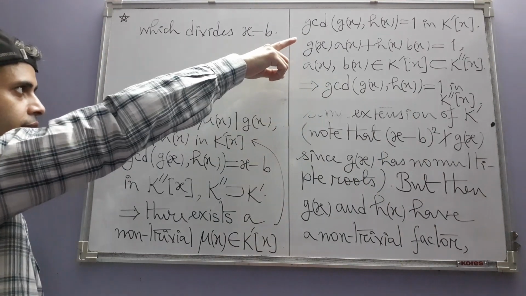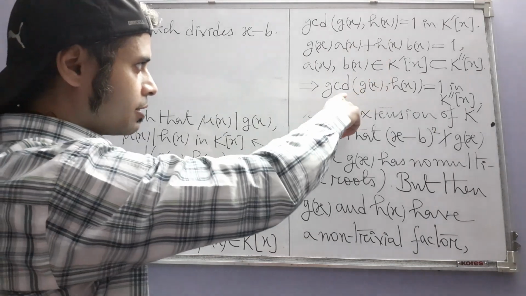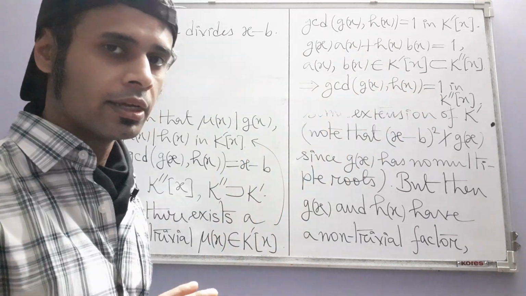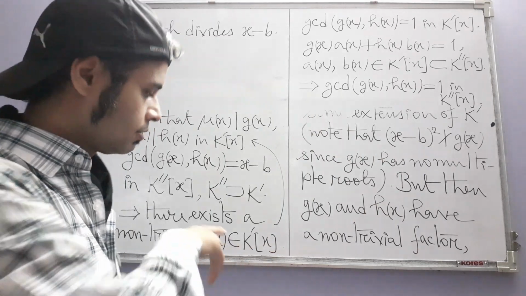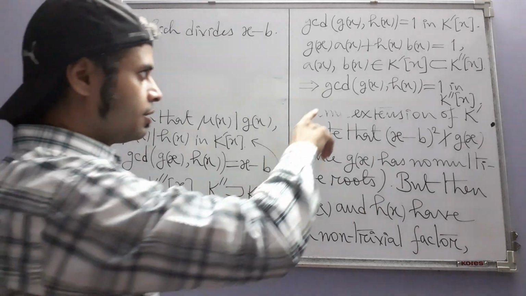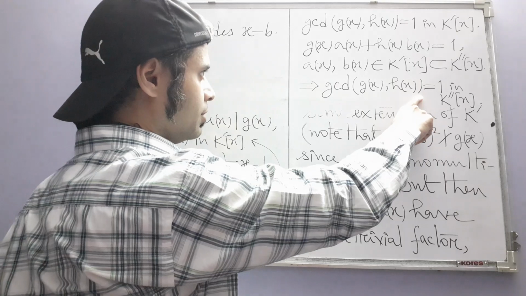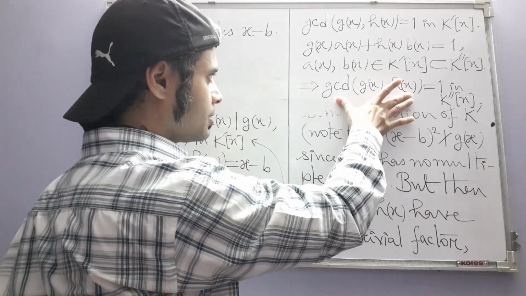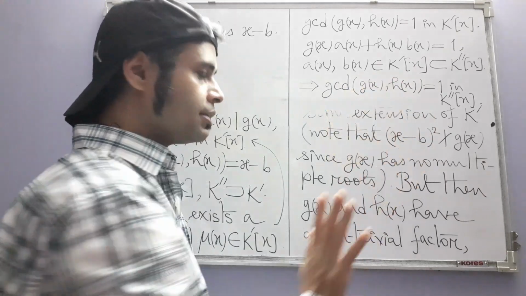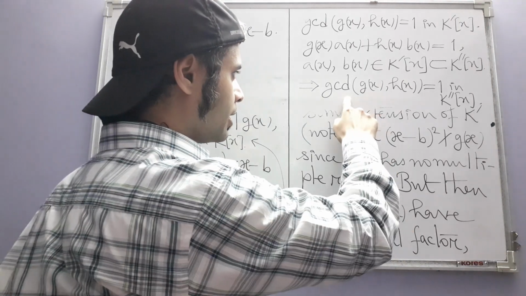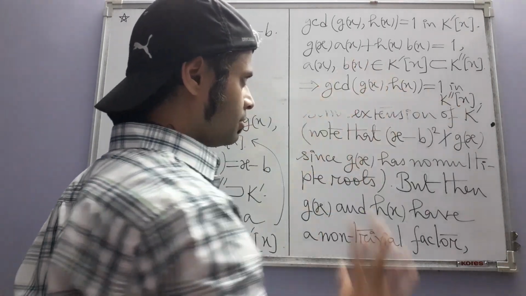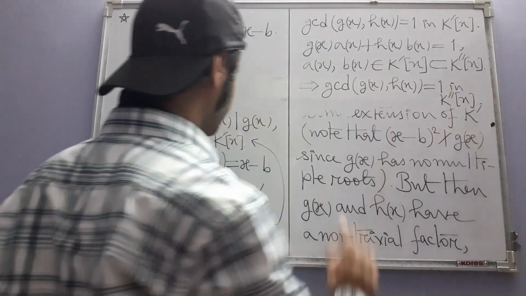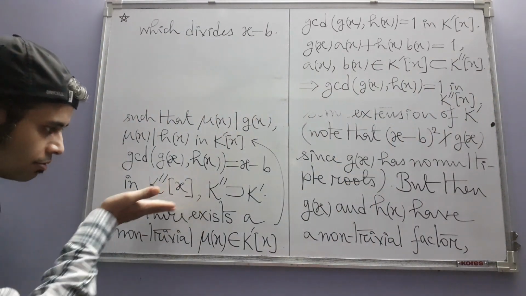If they are relatively prime in the smaller ring, then they are also relatively prime in the larger ring. Now you revert this back to the original form. What is the negation of this? The negation of this is that the GCD is not 1. That is, there is some common factor that divides both g and h in this larger ring, which is what you have now.